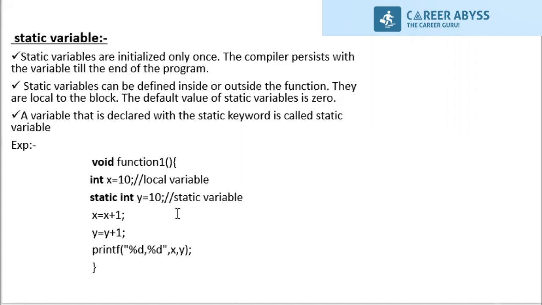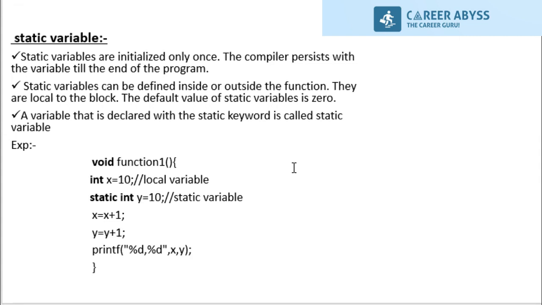That means the compiler persists with the variable till the end of the program with the same initialized value. Static variables can be defined inside or outside of a function. They are local to the block of that function, and the default value of a static variable is 0. That means if you put static int y, by default it will take 0. If you define 10, it will be initialized to that value.